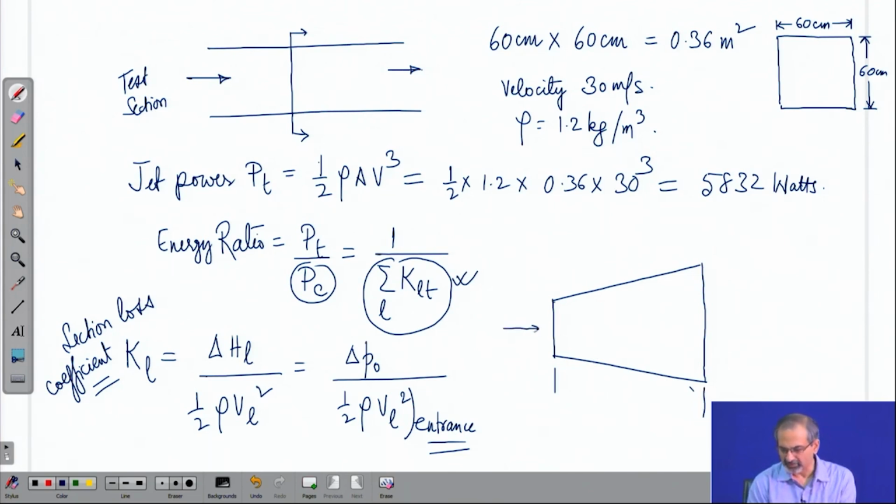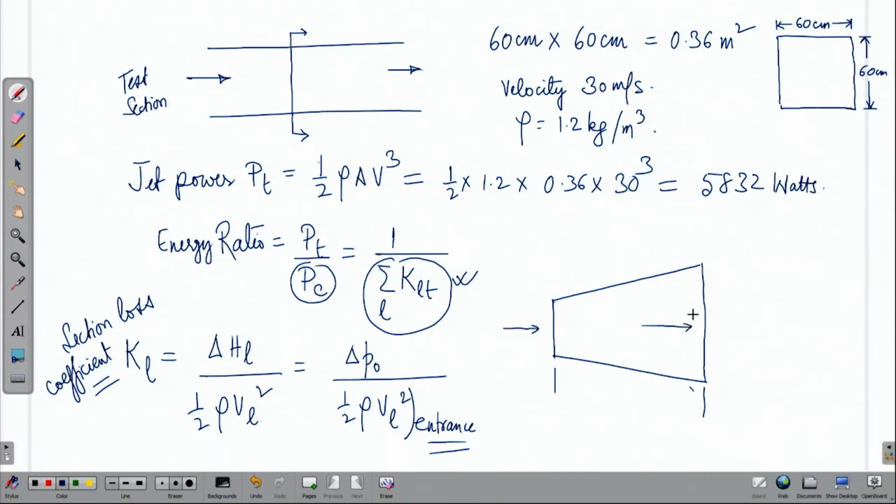Let us say flow is moving this way, it moves through the diffuser, and the static pressure in general will rise. Let us mark this as station 1, this as station 2. You can have static pressure ports at the 2 points, and then if you take a static pressure tube from there with a wall port and set up a manometer where you provide the pressures, what will you notice at the manometer end?